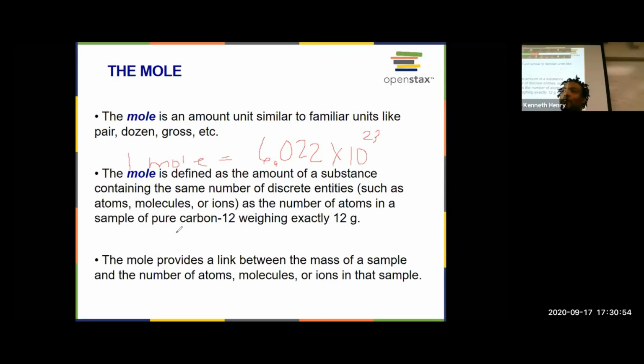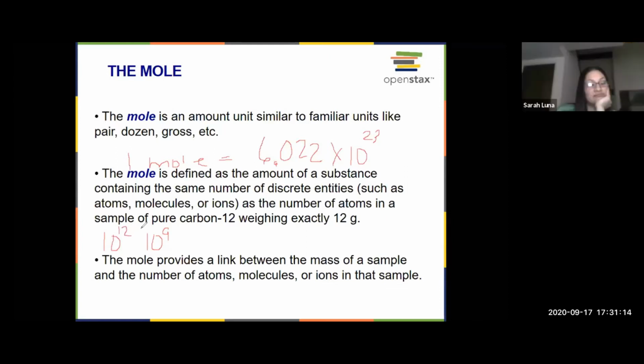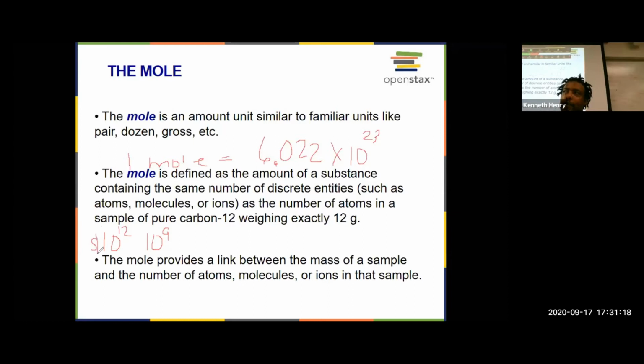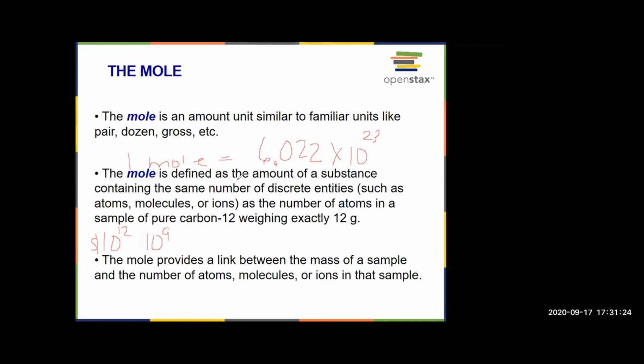Okay, so $1 trillion. $1 billion is 10 to the 9th. $1 trillion is 10 to the 12th. Okay, so that's cash money. And a penny, how many pennies will equal $1? 100.